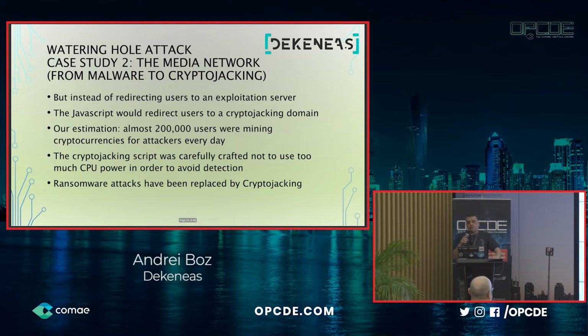So usually people detect cryptojacking because the resources, the CPU, etc., go through the roof, and they notice something fishy is going on, and they start investigating further. In this case, nothing as such. So people would happily mine cryptocurrencies for the attackers, suspecting nothing.